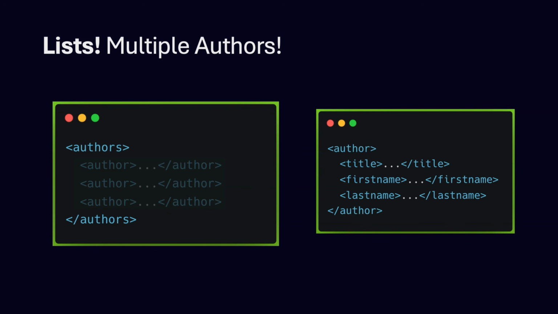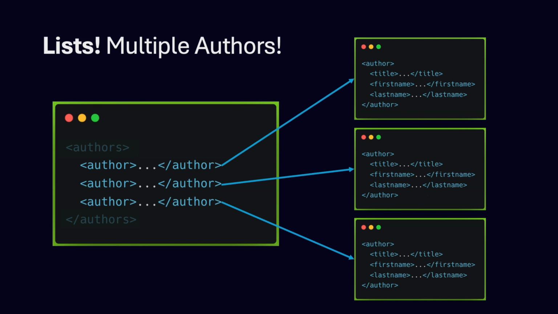So I create an authors tag, notice the plural form, that will contain my list of the individual authors, like this. Perfect. The authors tag is the parent tag. It's like a container, and each individual author tag is a child item inside that container.